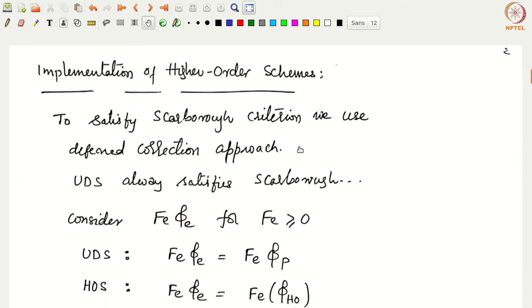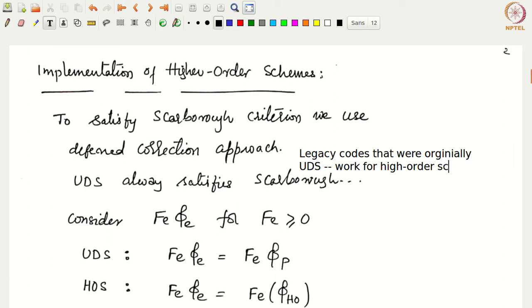This was proposed to make legacy codes that were originally written using upwind difference solutions work for higher order schemes with small changes, and also to make any of these iterative solvers work, because then they will start satisfying the Scarborough criteria.